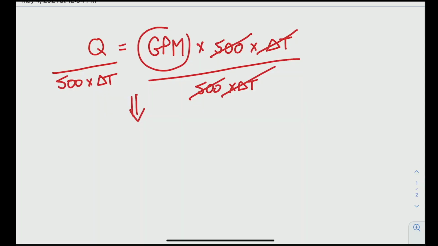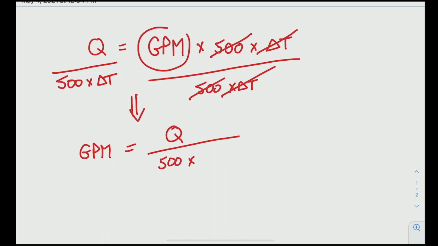I'm just going to flip it from right to left to left to right. So we end up with GPM, right? This is US gallons per minute, by the way. This formula is for US gallons per minute, is going to be equal to Q divided by the constant 500 times your change in chilled water temperature.